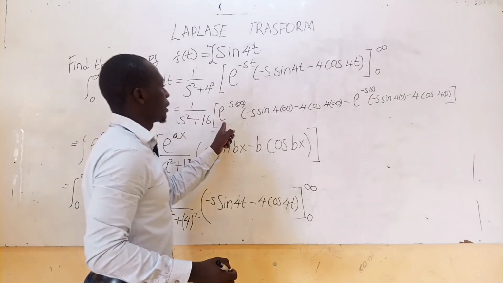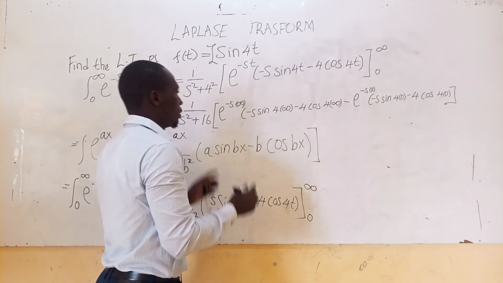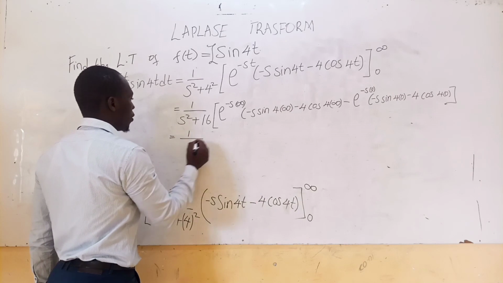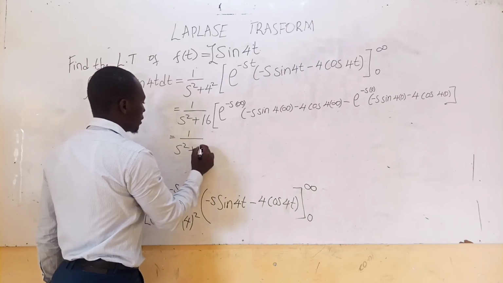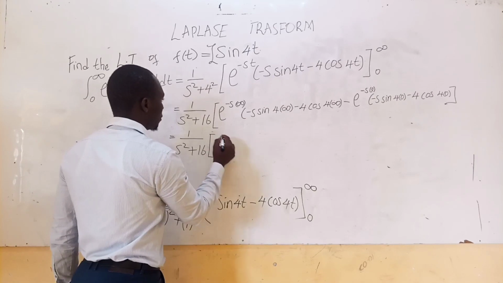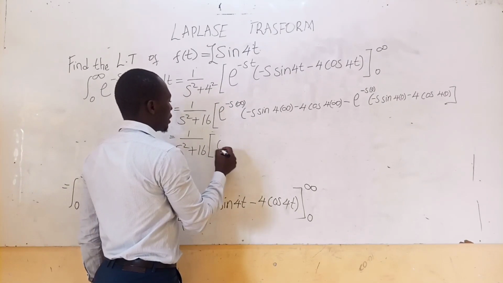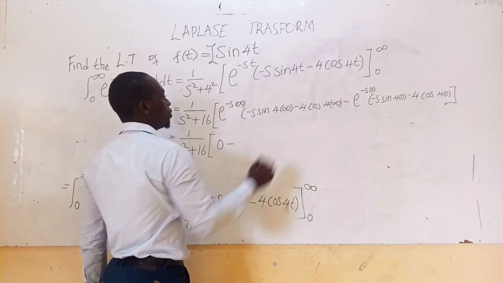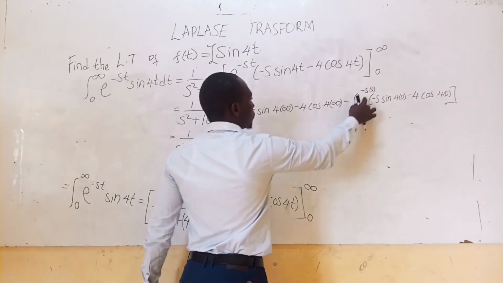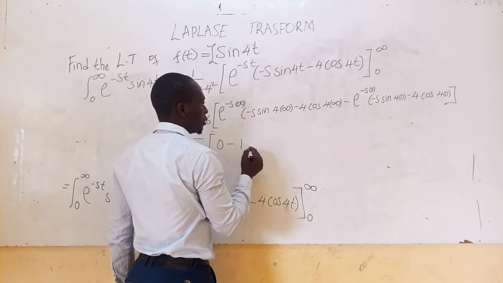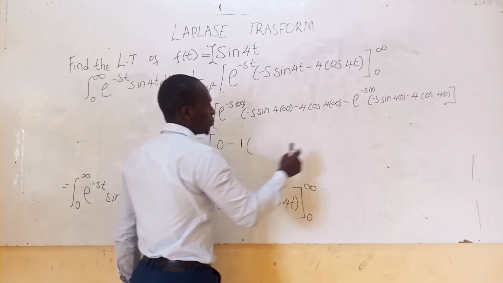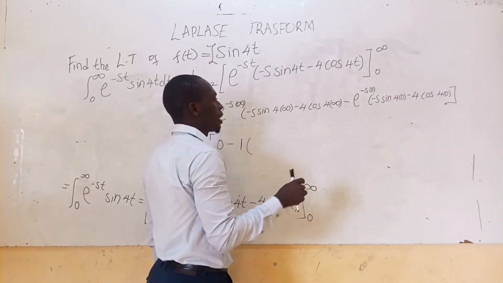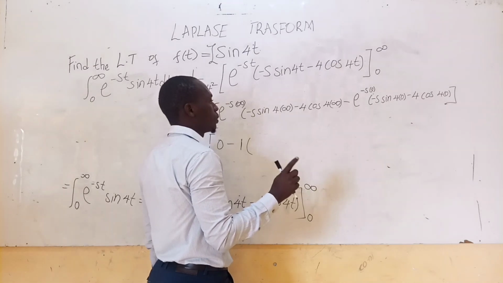Now, after inserting our upper limit and our lower limit, this is what we are going to have. We can simplify what we have within the bracket: 1 over s squared plus 16 into anything that's to the power infinity is equal to 0, and 0 multiplied by what we have here is going to be 0. We subtract, here we are going to have 1 into sine 4 multiplied by 0, so sine 0 is equal to 0.